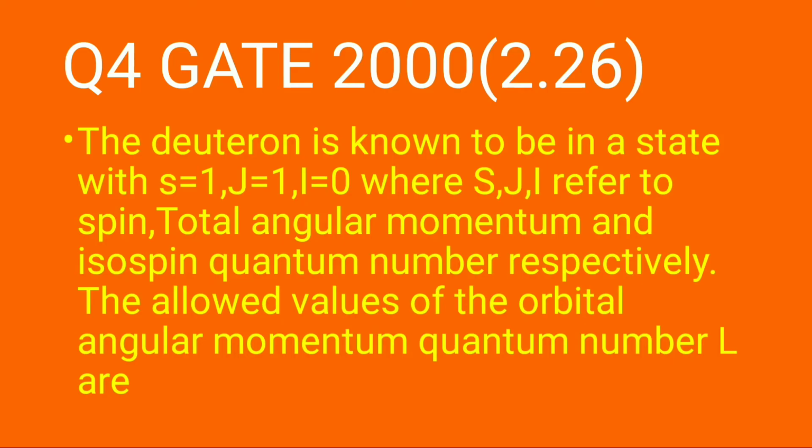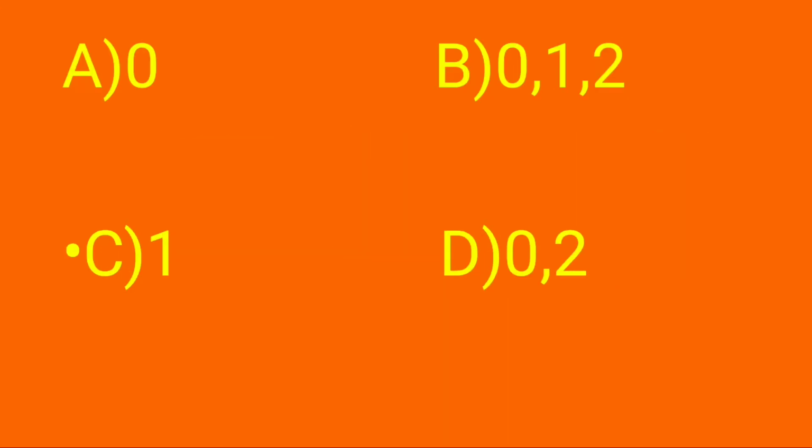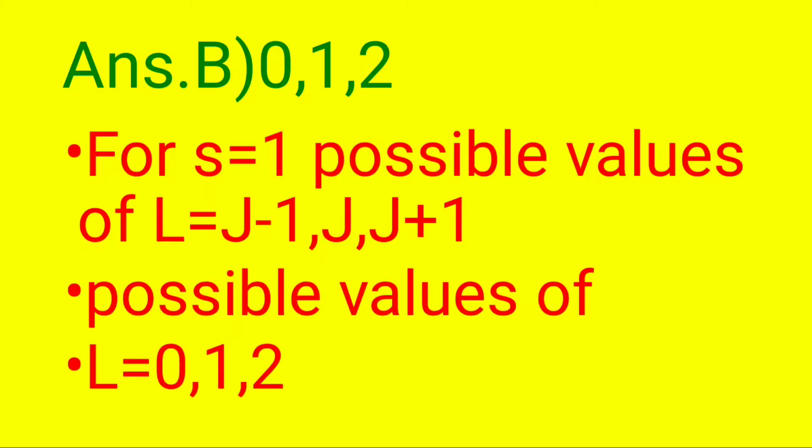Question number 4. The deuteron is known to be in a state with S equal to 1, J equal to 1, I equal to 0, where S, J, I refer to spin, total angular momentum and isospin quantum number respectively. The allowed values of the orbital angular momentum quantum number L are: option A 0, B 0, 1, 2, C 1, D 0, 2.